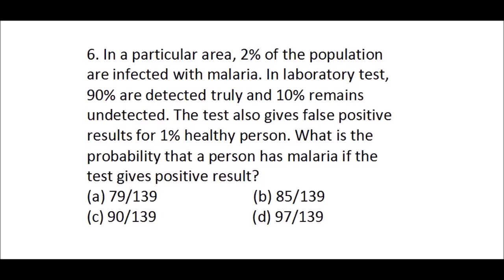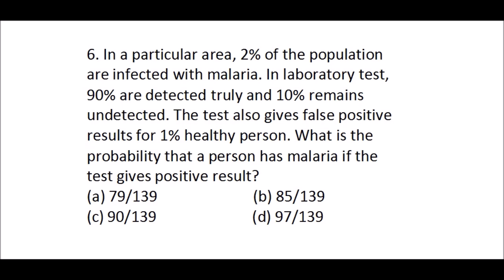The next question is, in a particular area, 2% of the population are infected with malaria. In a laboratory test, 90% are detected truly and 10% remain undetected. The test also gives a false positive result for 1% of healthy persons. What is the probability that a person has malaria if the test gives a positive result?